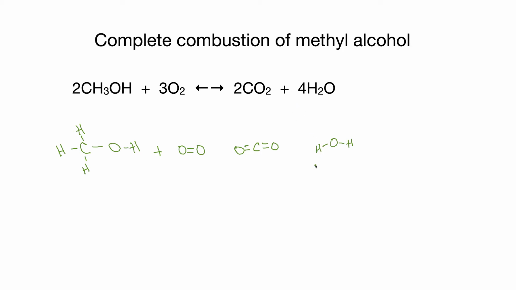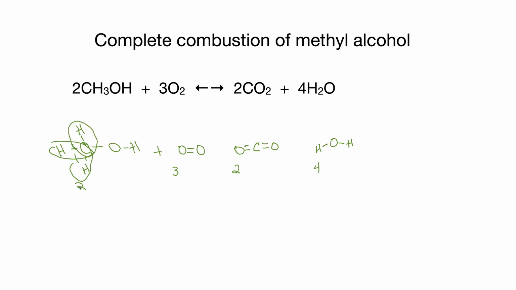Now we have 4 of these. We have 2 of these. We have 3 oxygen bonds, and we have 2 of these methyl alcohols. So we're going to have to count up all the bonds. You notice in here that we've got 1, 2, 3 CH bonds.